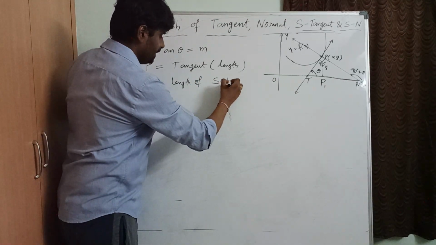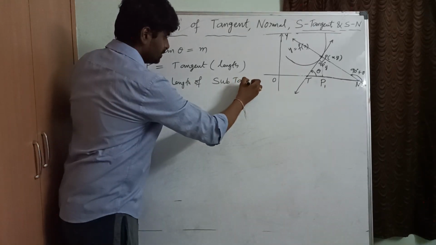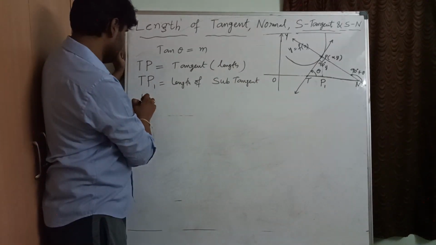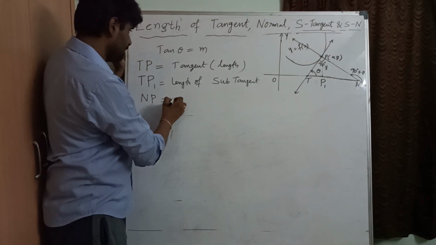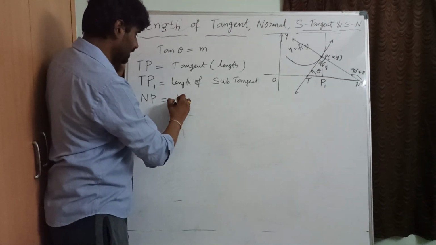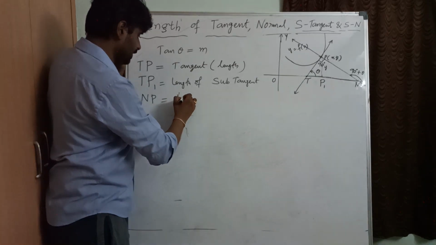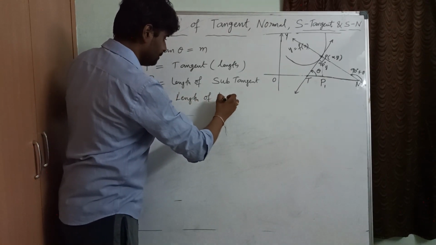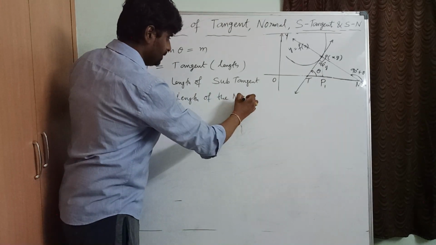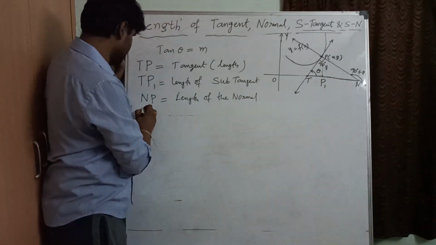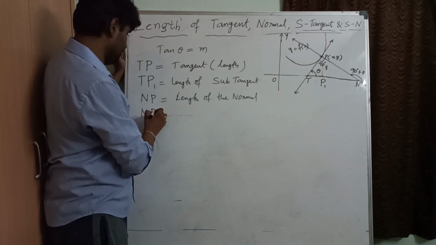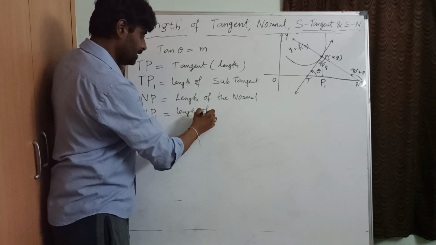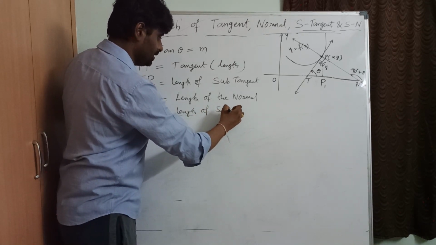Similarly, what is the length of normal there? NP, correct? So NP is the normal length. So length of the normal. Similarly, what is the length of subnormal? NP1. So length of subnormal.